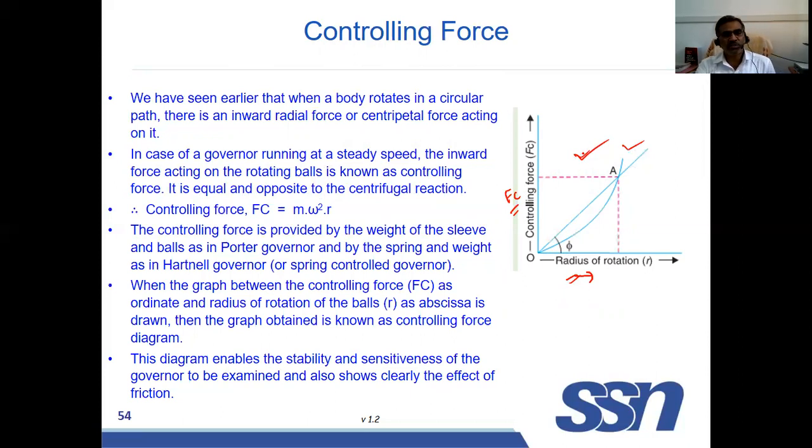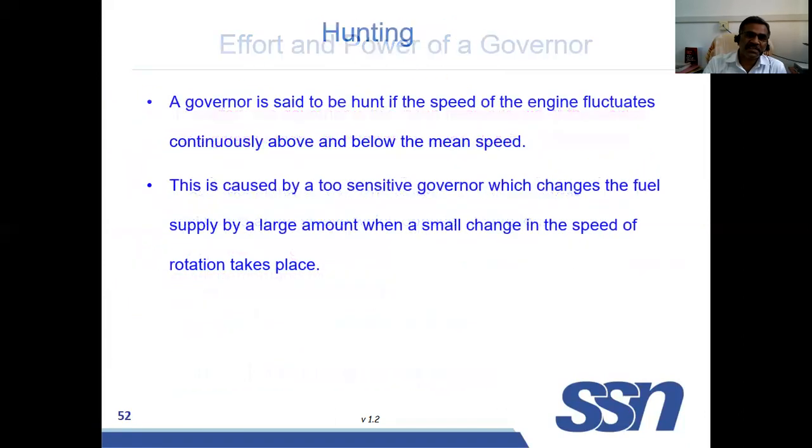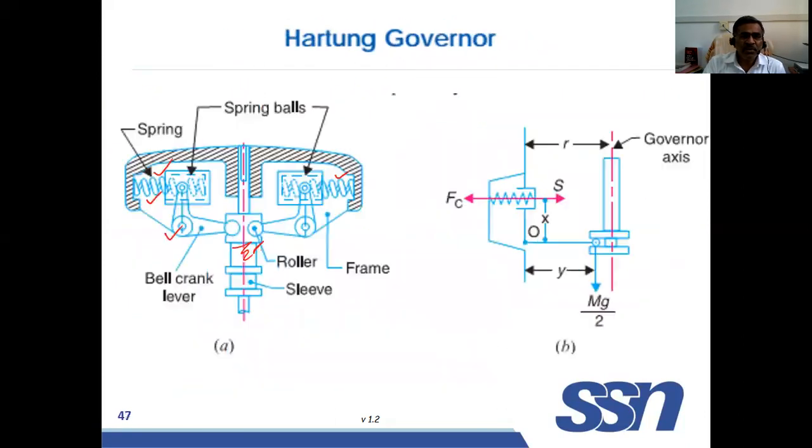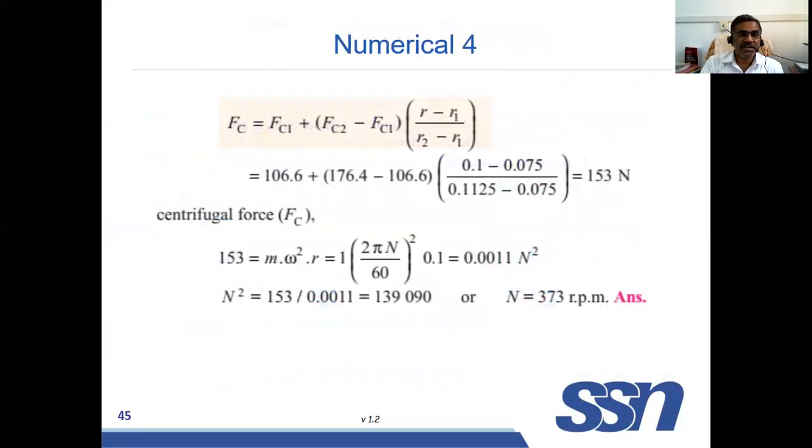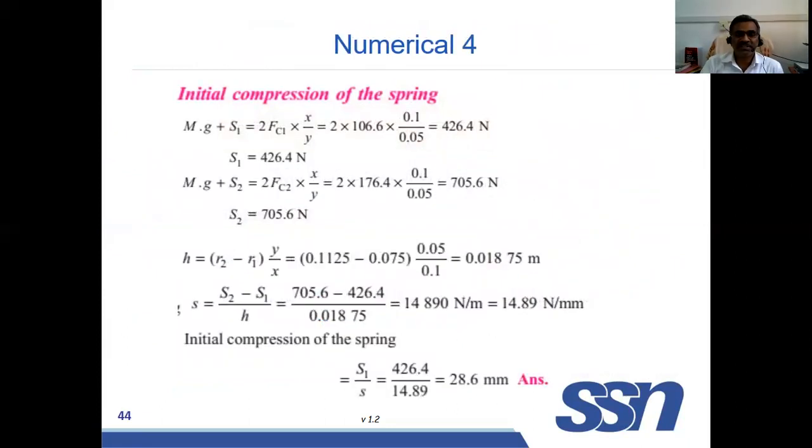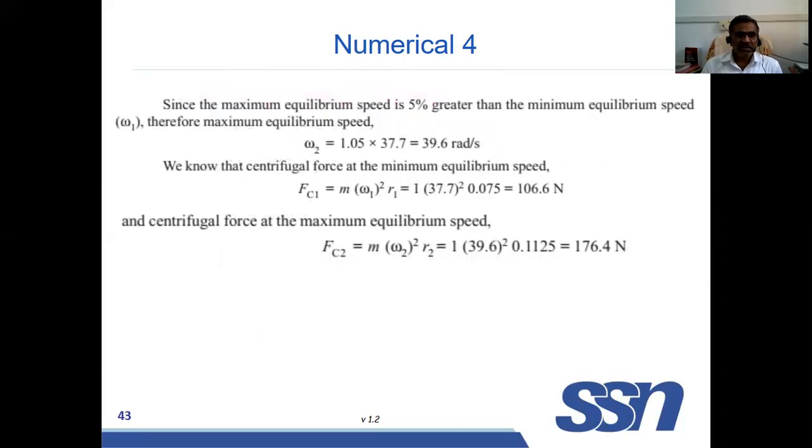So now we have discussed so many things about governors, and also about different governors. What is the need for discussing this much about governors? Because we want a stable governor. We don't want a more sensitive governor. Sensitivity should be medium. It should not be too high or too low. If sensitivity is too high, the sleeve will be oscillating continuously when speed is changed.